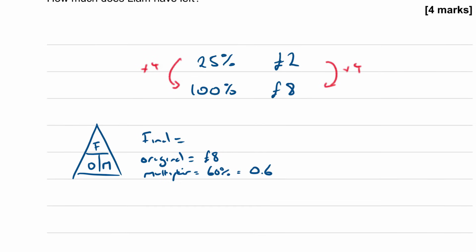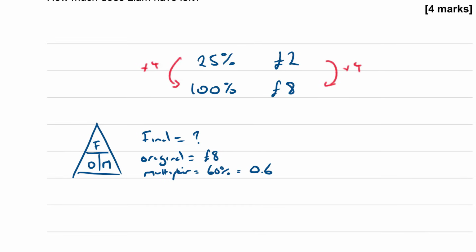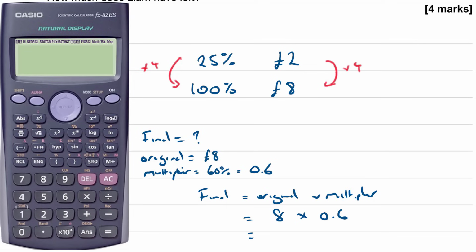So to find our final, just cover that up: final is equal to original times multiplier. So 8 times 0.6, which is, according to my calculator, 4.8.